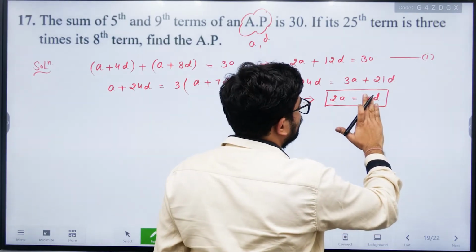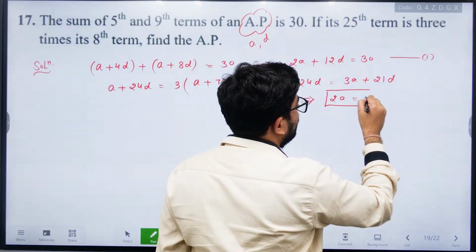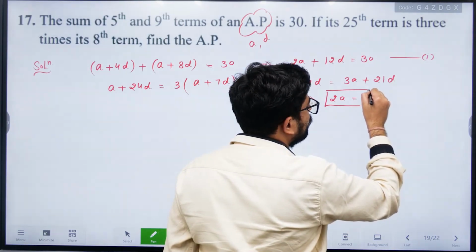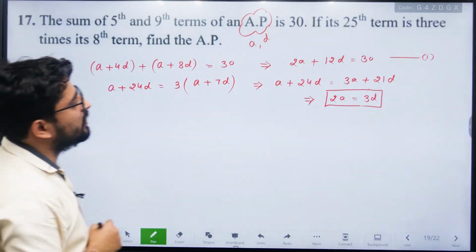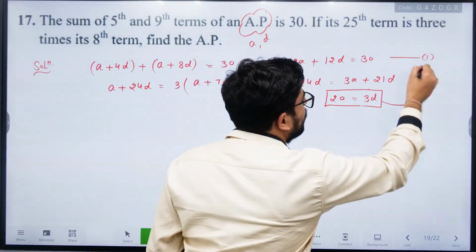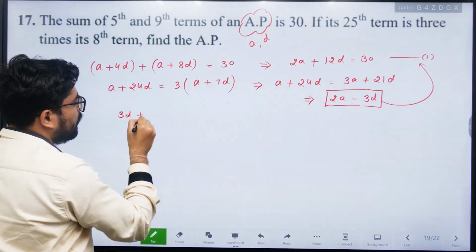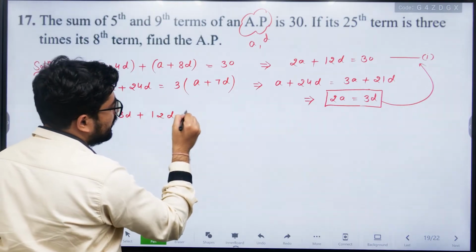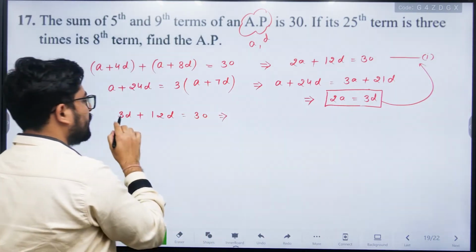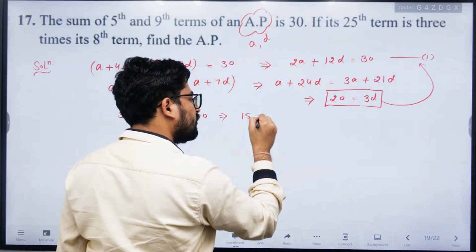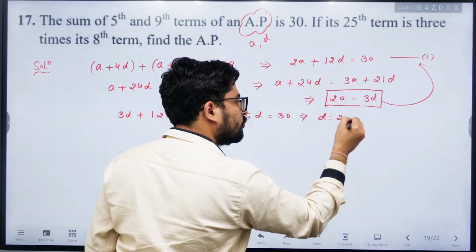Okay, 2A is equal to 3D, and 2A plus 12D is equal to 30. So put this in equation number 1. So 2A is 3D, so you can say 3D plus 12D is equal to 30. If you simplify, 15D is equal to 30.